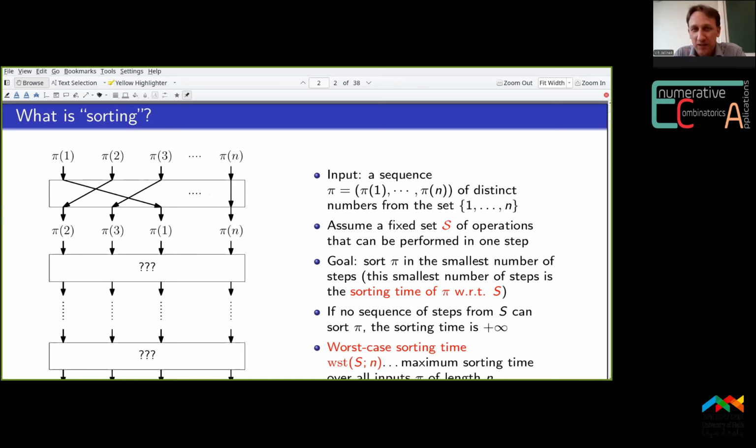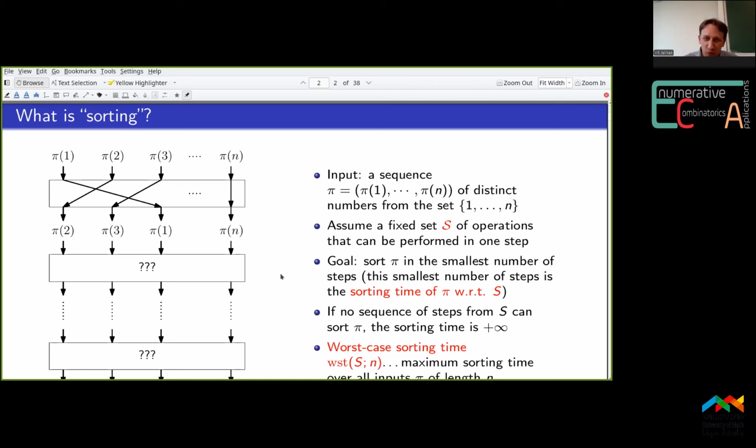And the goal is to arrive at a sorted sequence of numbers in as few steps as possible, and the smallest number of steps that I need for a given input is the sorting time of the input with respect to the set of operations S. And it might happen that this sorting time is infinite in case I'm not able to sort the input at all.